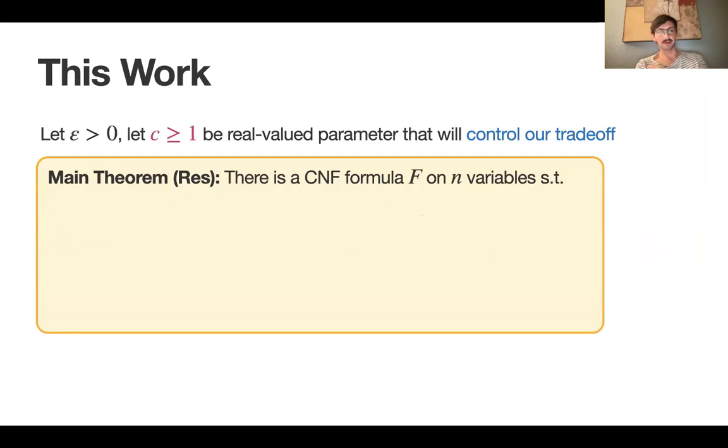So our general theorem is the following. We're going to let epsilon just be some arbitrary non-negative real value, and c is going to be another real value parameter, which will control our trade-off. Then there's a CNF formula on n variables such that there's a resolution proof of size n to the c, 2 to the order c.